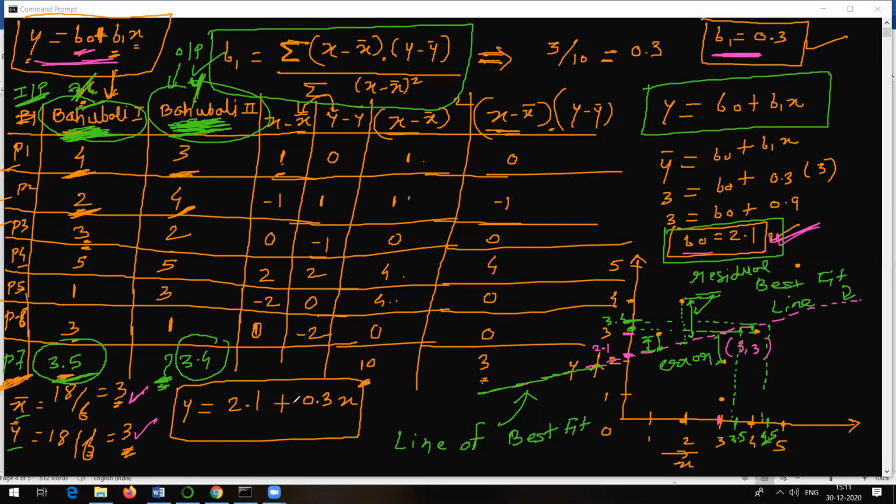Once we got the values of b0 and b1, we drew this line, which is called the line of best fit. And from the line of best fit, we were able to predict the answer for whatever was asked. So this is a simple example just to talk about the concept of linear regression.